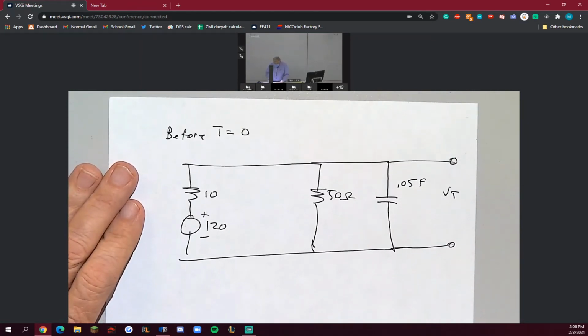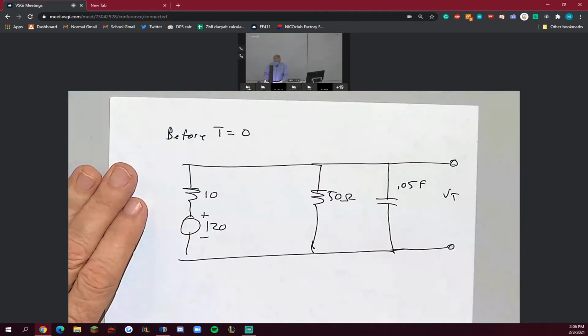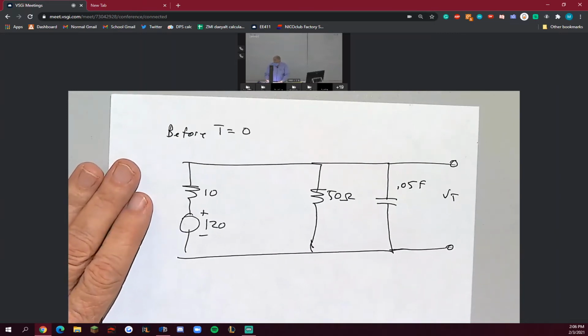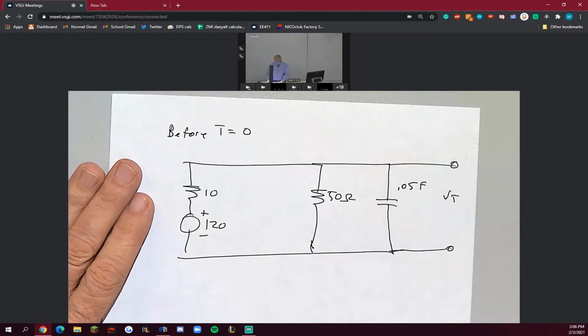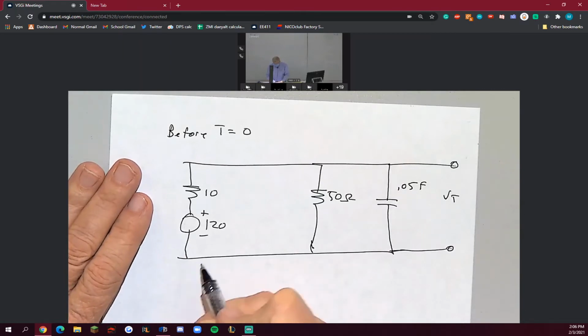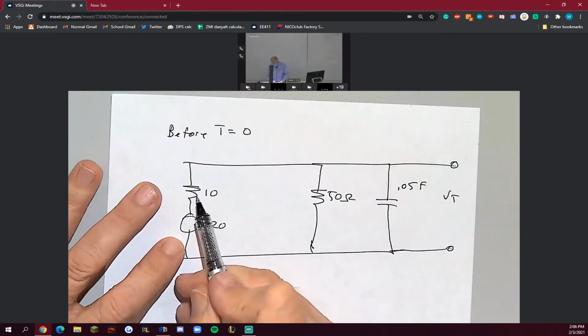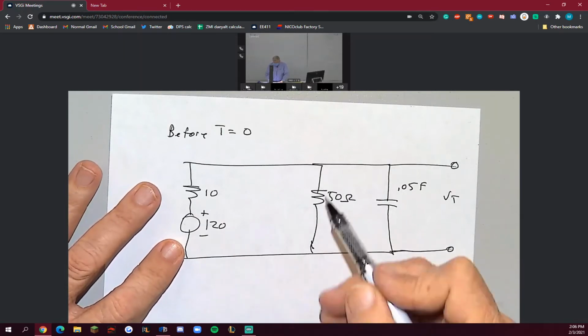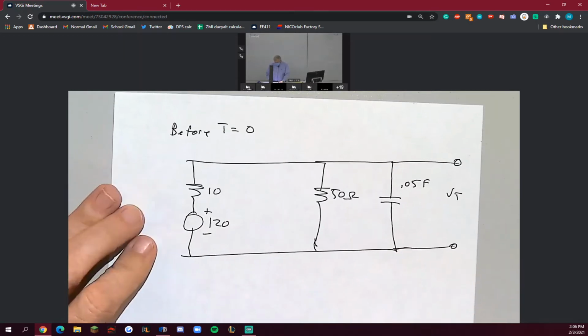What we've got here is a voltage divider, isn't there? Now, before t equals 0, we think things have all stabilized nicely, and so the capacitor is an open circuit. And so we've got 120 volts, 10 ohms, 50 ohms, and we need to know the voltage across the 50 ohm resistor.